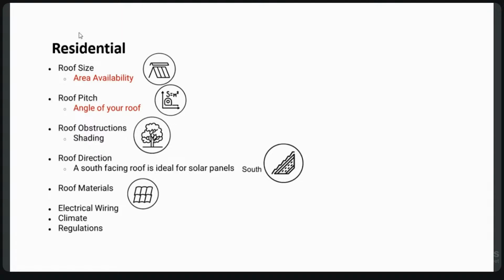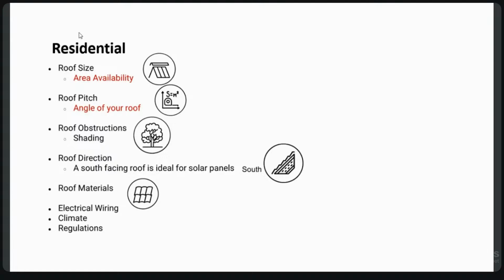And the electrical wiring, the climate condition and regulations. Climate condition, generally, you know, we have different seasons, summer and winter. Some regions, like the Western Ghats, will have almost no sunlight.